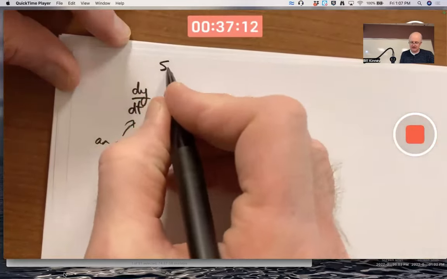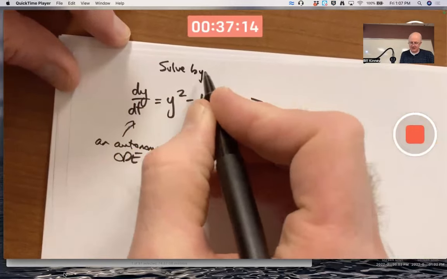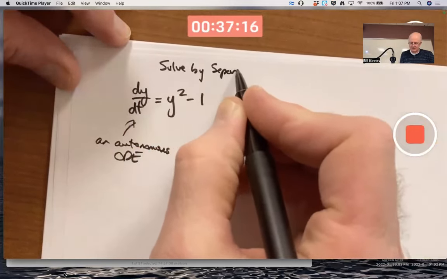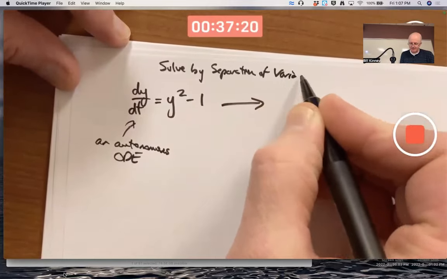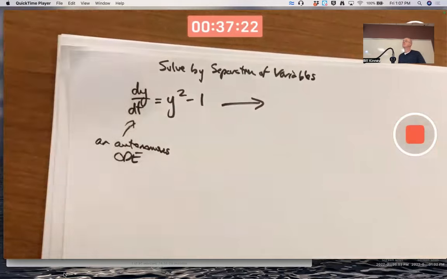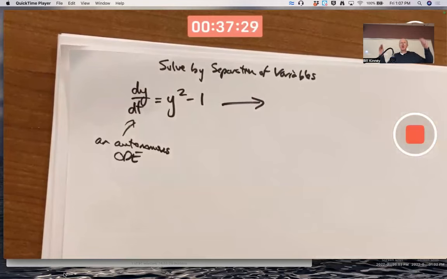Solve by separation of variables. What does that mean? What are the variables? The variables are t and y. Or if you expand your horizon about variables, you could also say dy and dt are variables. How about d itself? No, d itself is not a variable. dy, dt, y, and t are all variables.